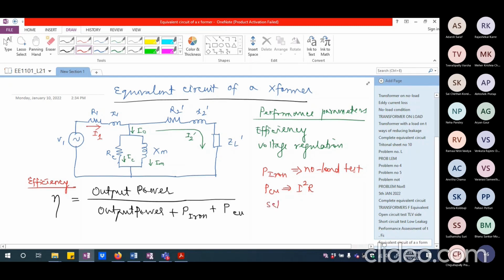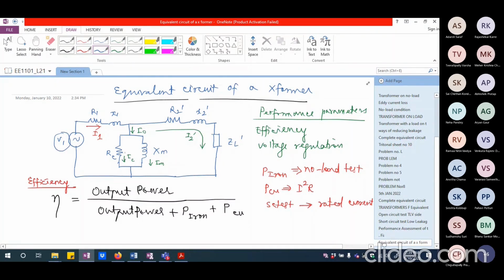Generally in the short circuit test, we are going to pass rated current through the transformer. But to pass rated current through the transformer, we generally apply a very, very small voltage. The voltage applied here is going to be really small for the short circuit test, so the flux is going to be minimal.